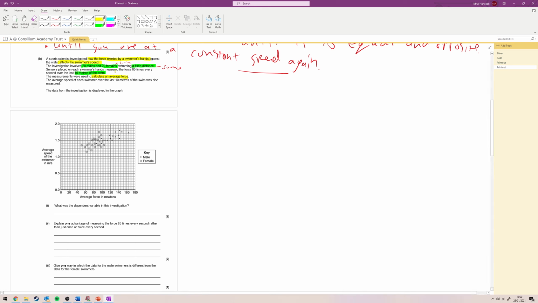They also measured the speed of the last 10 meters of the swim. That's quite important, the word measure. So they measured this. The average speed was measured. Okay, the force on the person's hands, okay, that was measured.